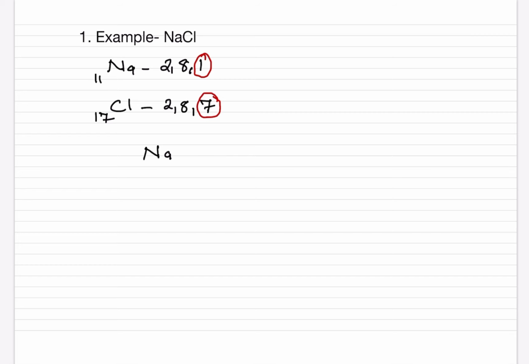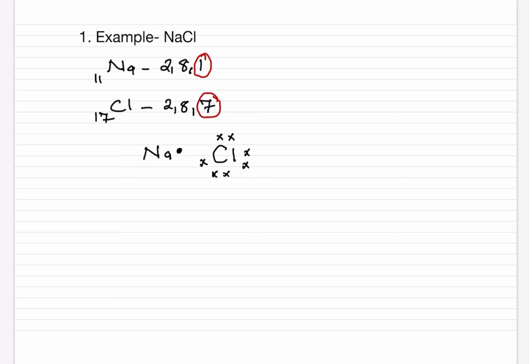So let's show the electron of sodium, 1 electron, by making a dot. So this is sodium with 1 electron. Chlorine: we can show crosses to show a different set of electrons for a different element. So chlorine has 1, 2, 3, 4, 5, 6 and 7.